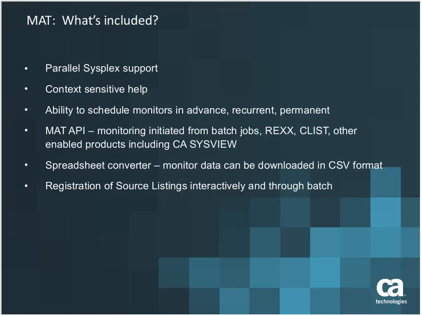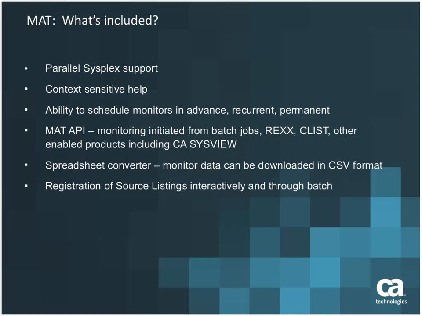We can produce data in the CSV format, which can be used with our spreadsheet converter and can be used in any other way you'd like. Although I think with the ISPF panels and the GUI, you really have everything you need. We also allow registration of the listings of applications.